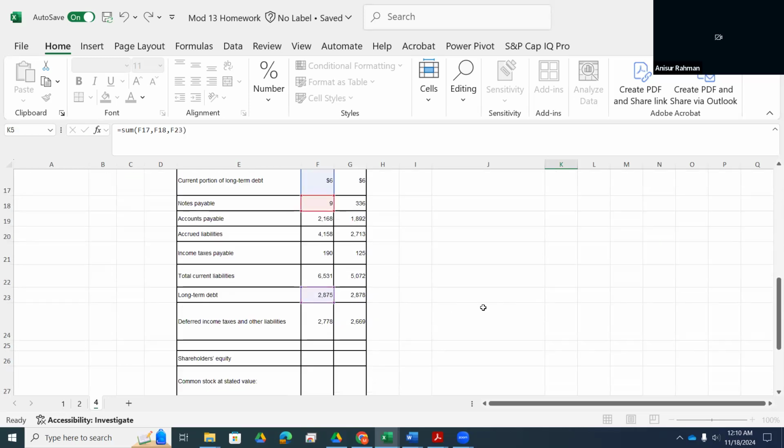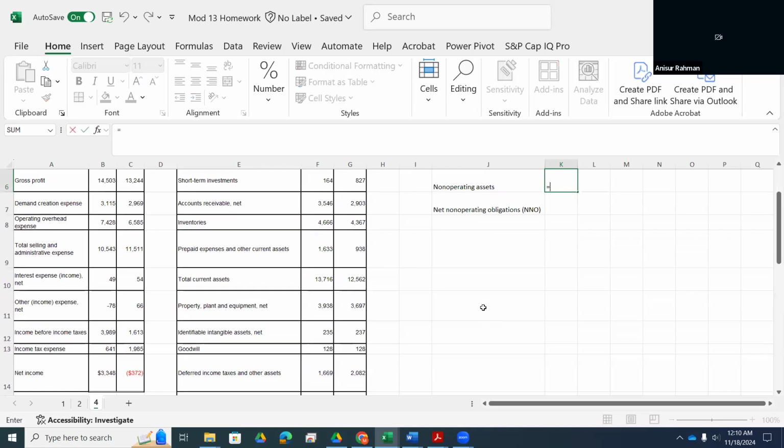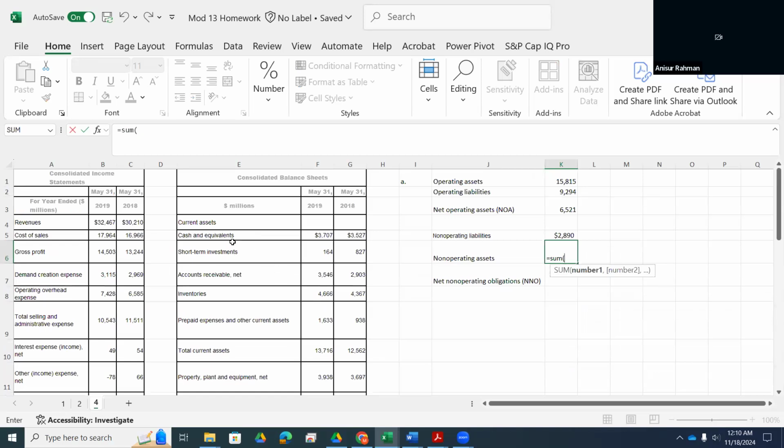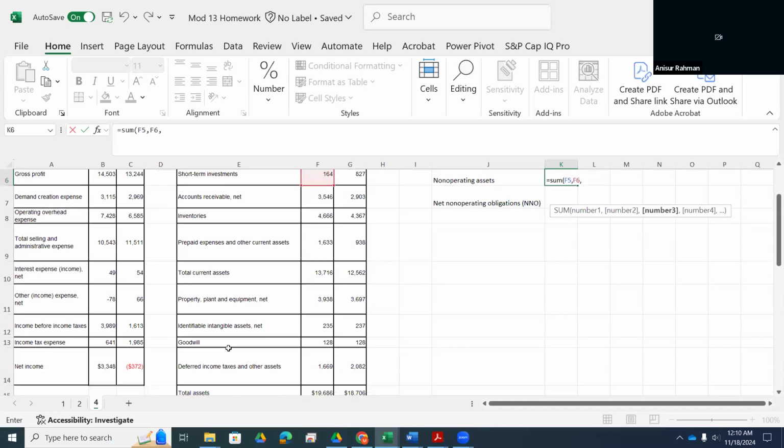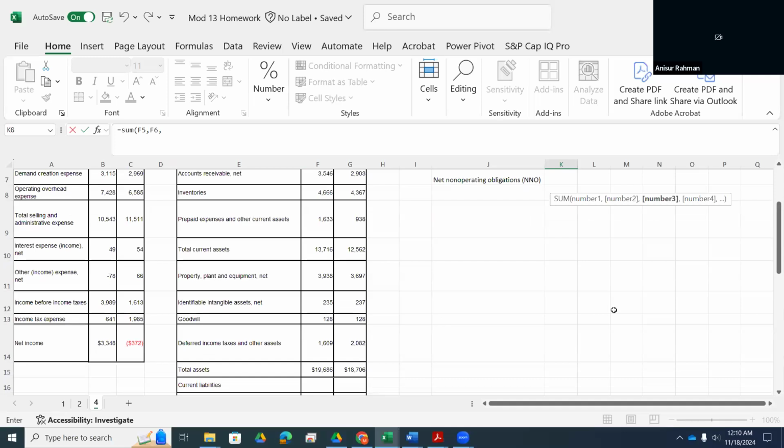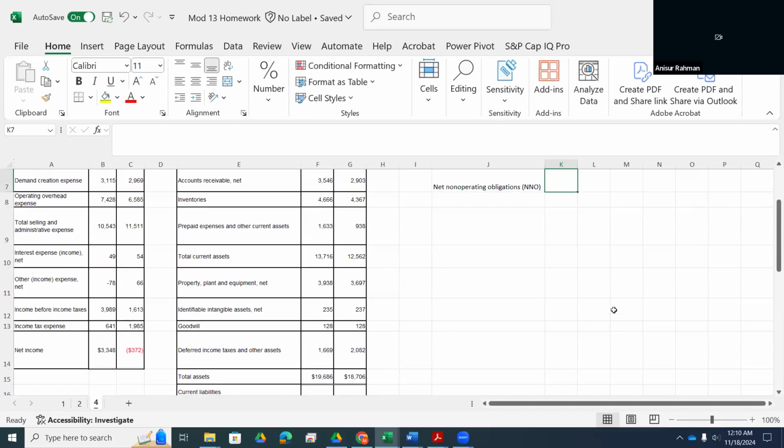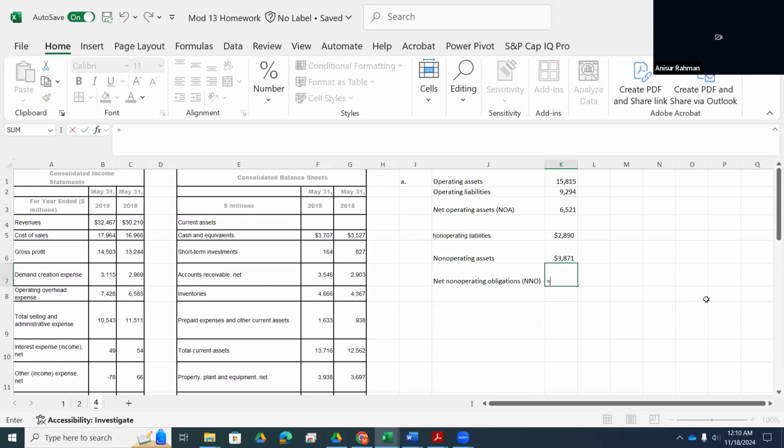That's it. And the non-operating assets are the sum of our cash and cash equivalents and short-term investments. And non-operating liabilities minus non-operating assets is our NNO.